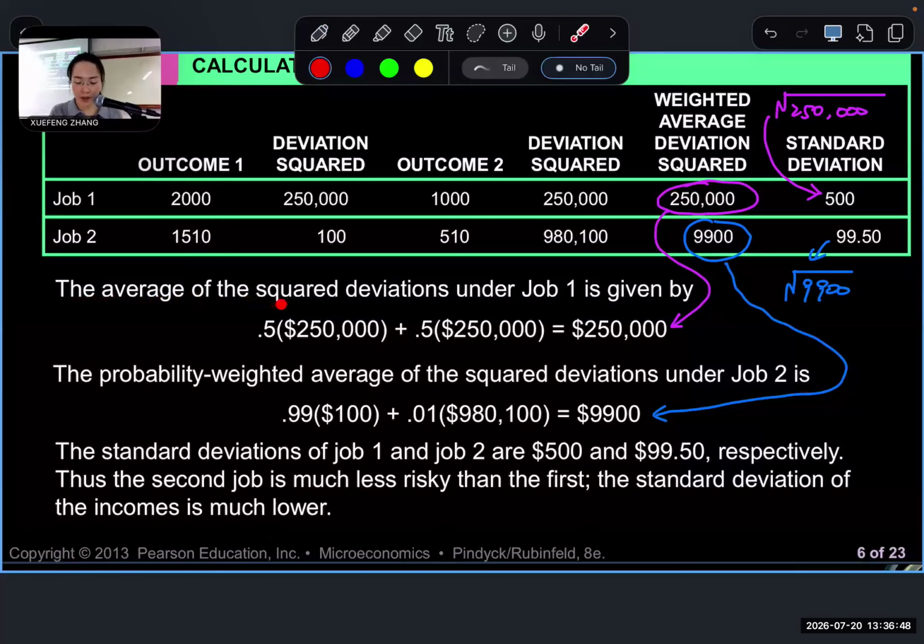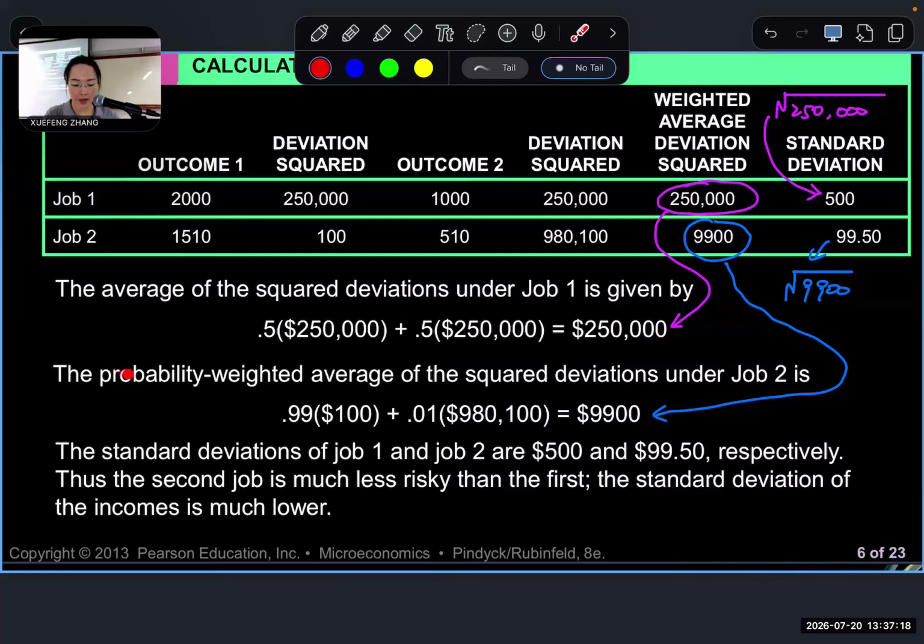The average of the squared deviation under job 1 is given by the probability, one half, times the deviation squared, plus another half times the deviation squared, okay? So you got 250,000. This is the weighted average deviation squared.